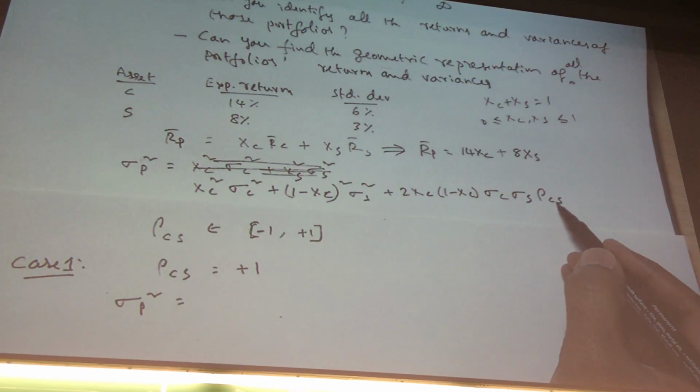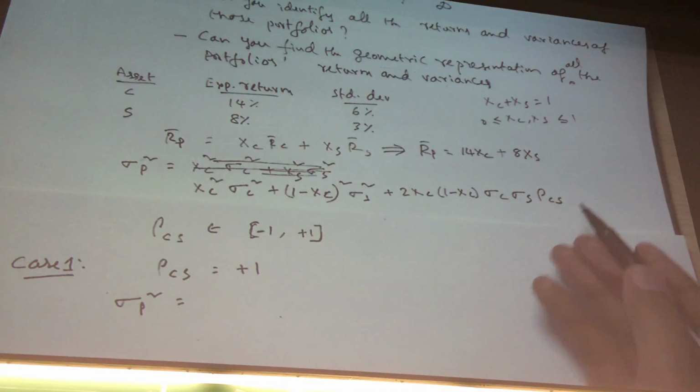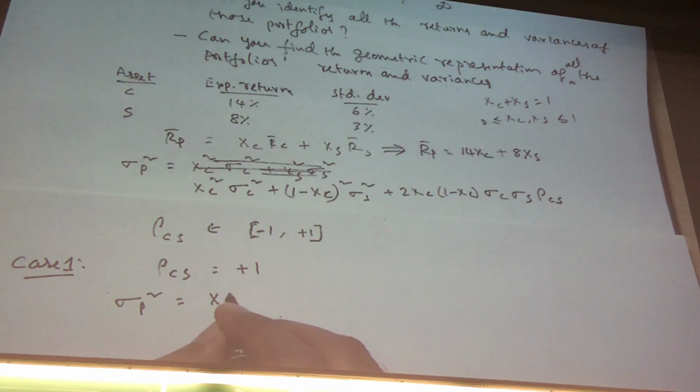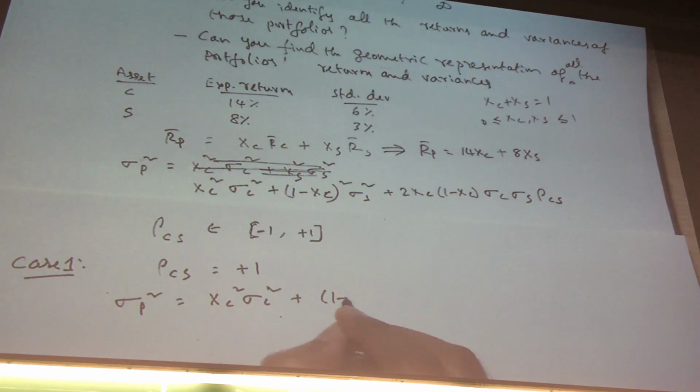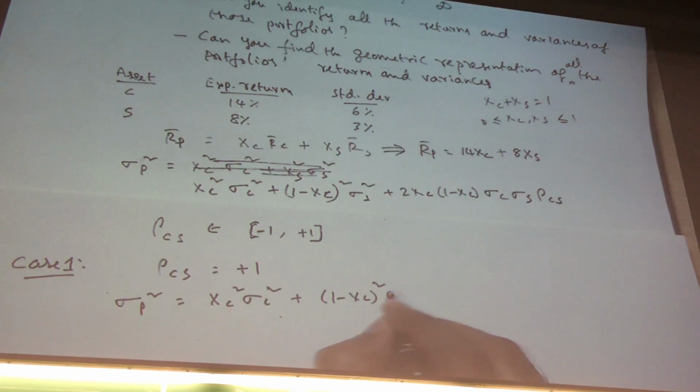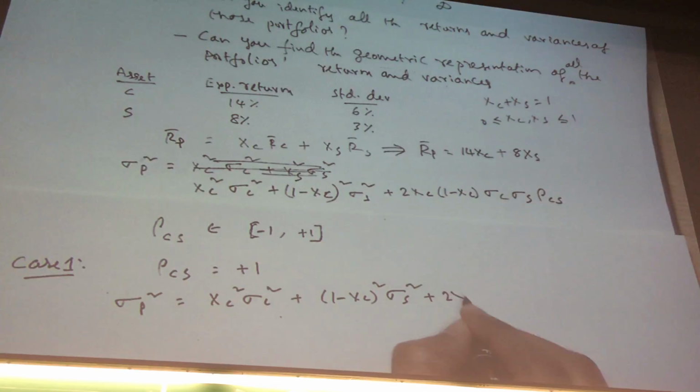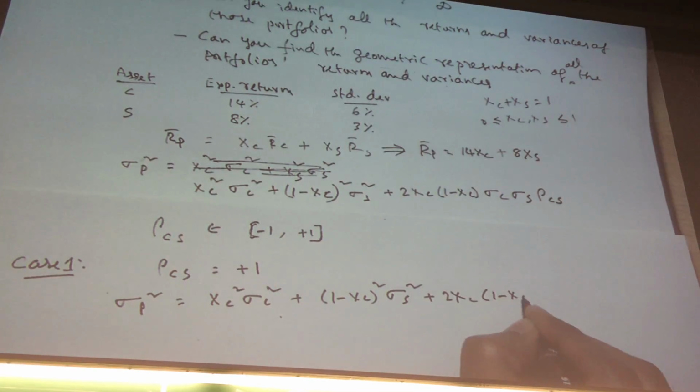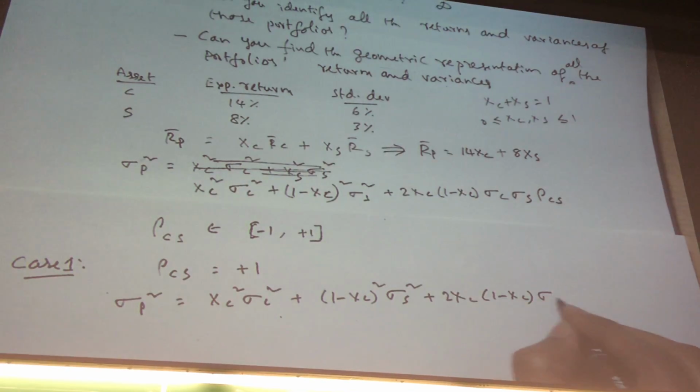Instead of rho CS, I just replace this with +1, nothing else. So I have XC square sigma C square plus 1 minus XC whole square sigma S square plus 2 XC 1 minus XC sigma C sigma S. Okay.